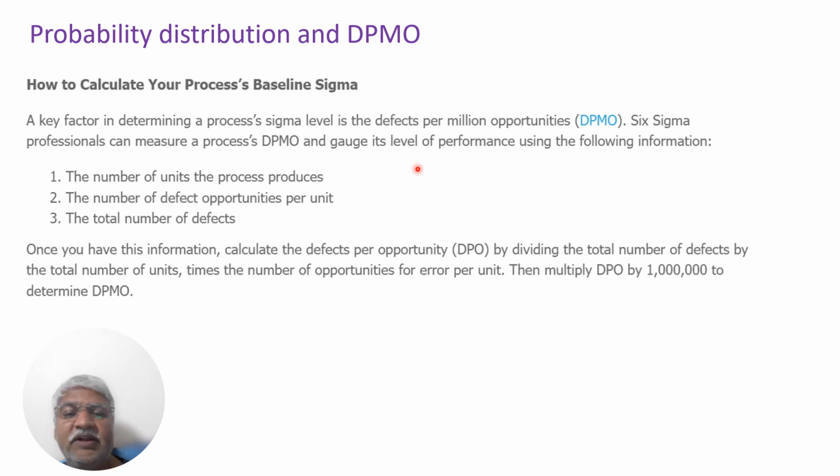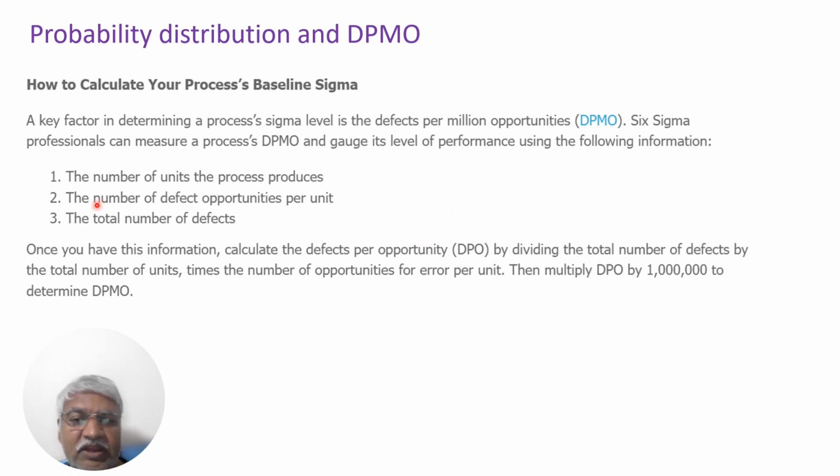Thus, we can figure out the resulting sigma of that process. Based on that, we can predict the yield. And if the sigma is low, it will help us in tuning the process.